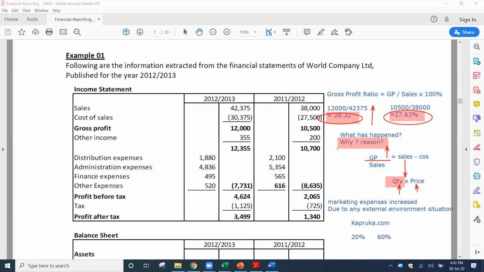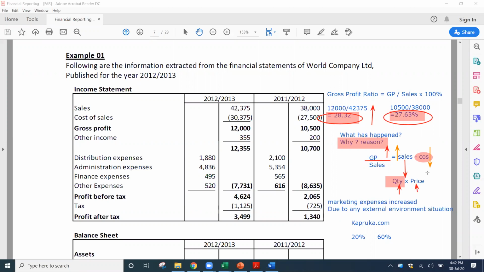And not only this, for an increase in the gross profit, it is not only sales; you have another point, which is cost of sales. Gross profit margin increases either because sales increased, or else the cost of sales has decreased.